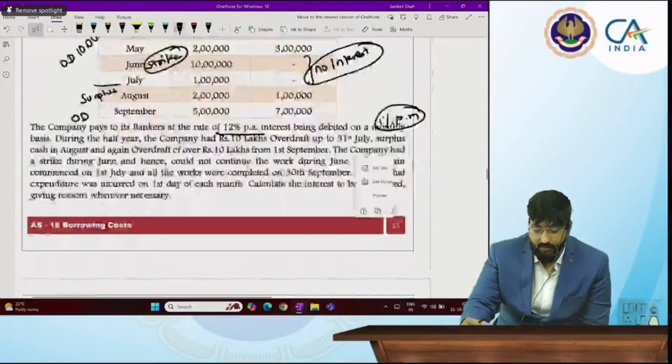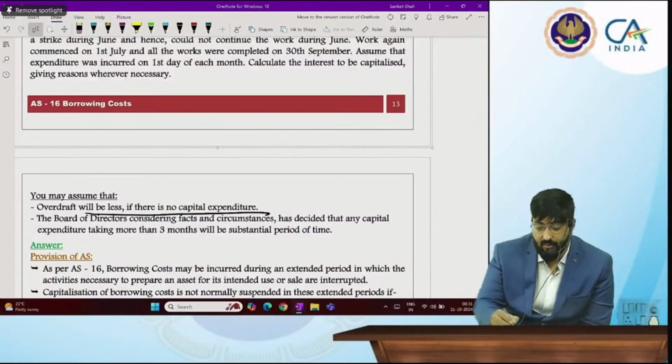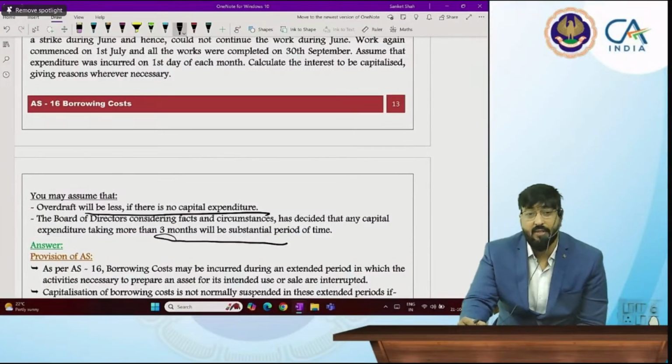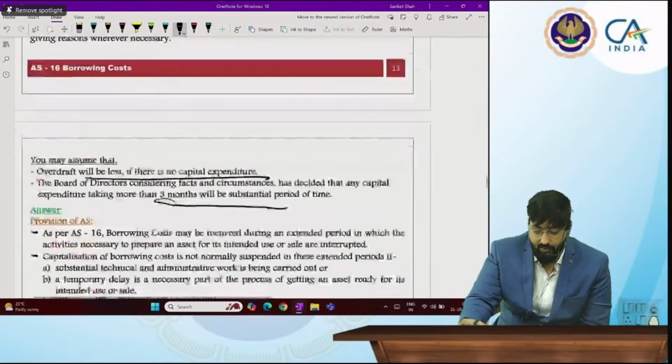Correct? The board of directors have considered 3 months as a substantial time. It's their planning. As a chartered accountant, I cannot force them. I will write only in notes that they consider 3 months as a substantial time and it should be 12 months. But okay, whatever they think.